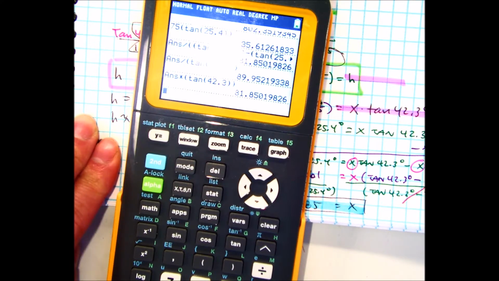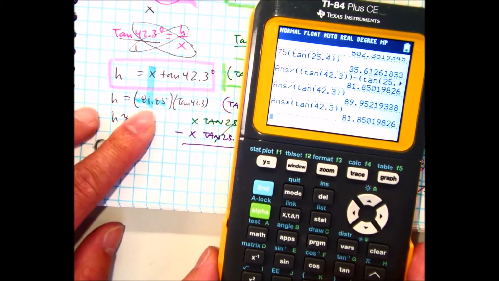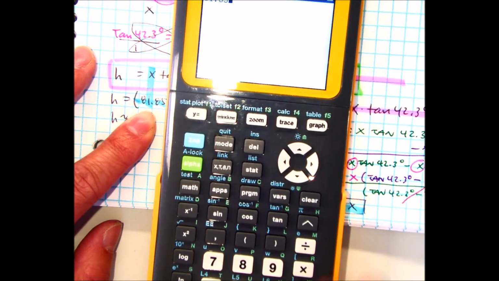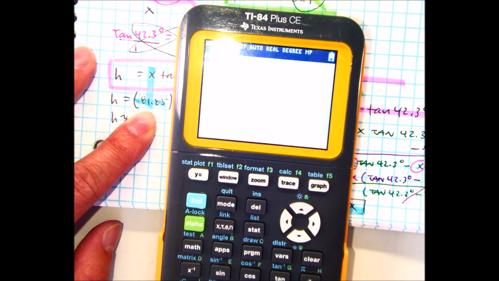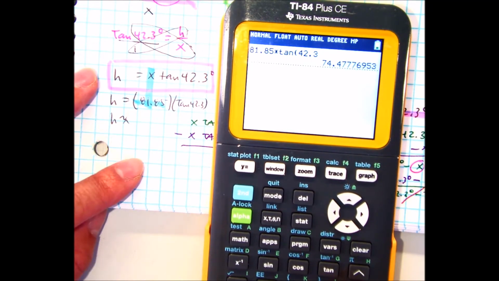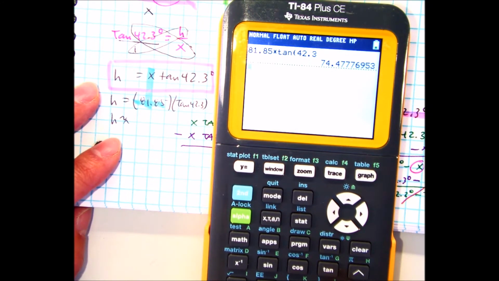Try that again. 81.85. It went back to the original one. 81.85 times tangent 42. Now I'm going to get 74.47.